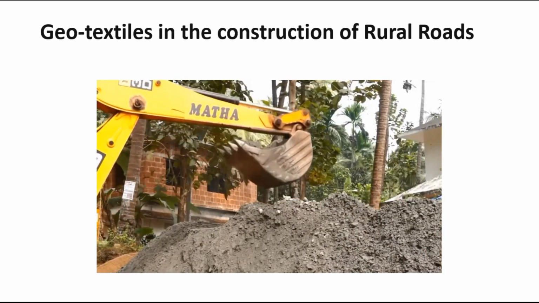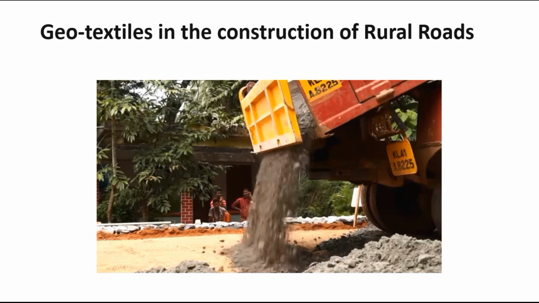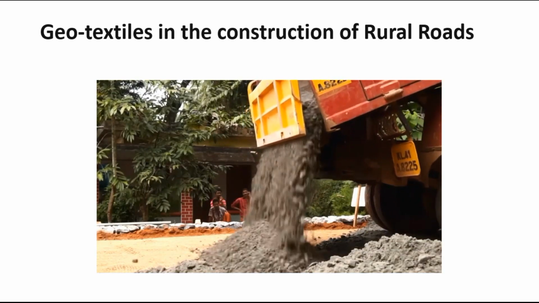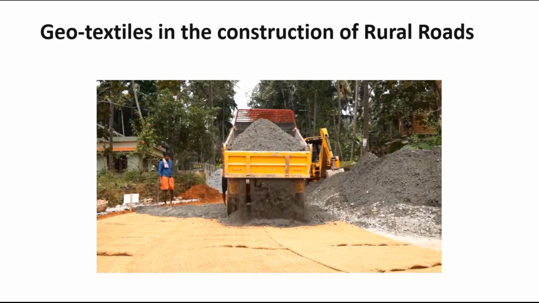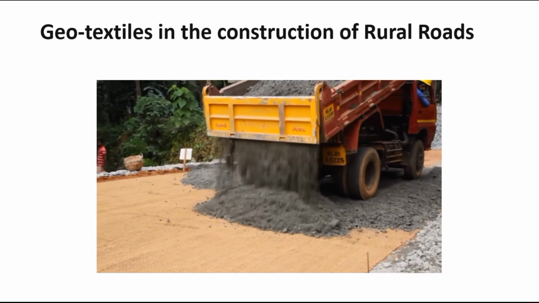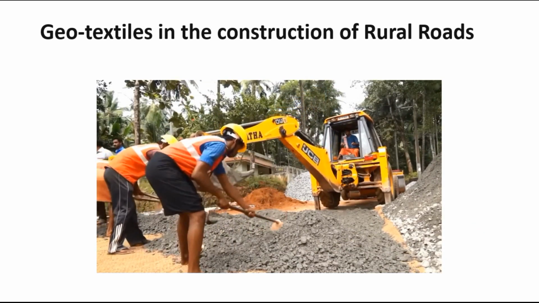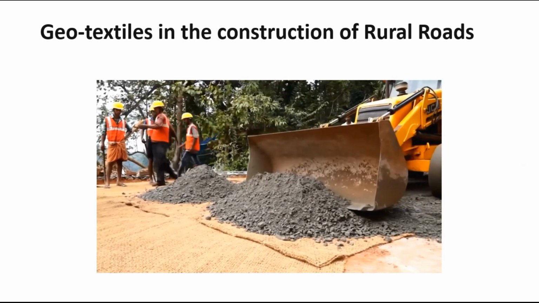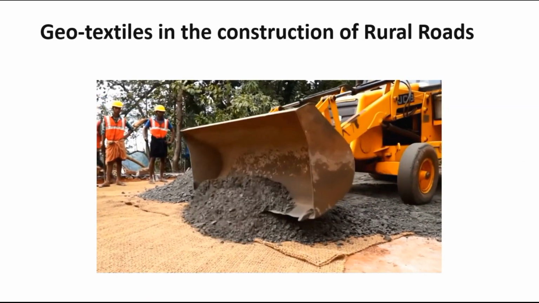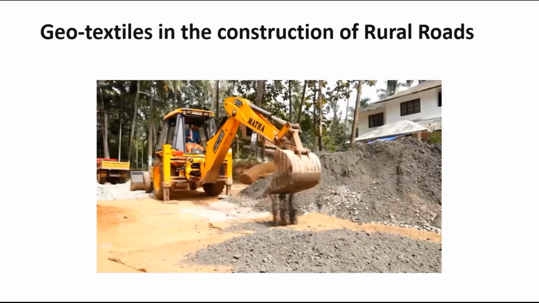The next stage is the preparation of the subbase. For this, the lorry tipper is brought to the tip of the geotextile and the material is dumped over it. Movement of vehicles on the geotextile is to be very carefully and consciously avoided.